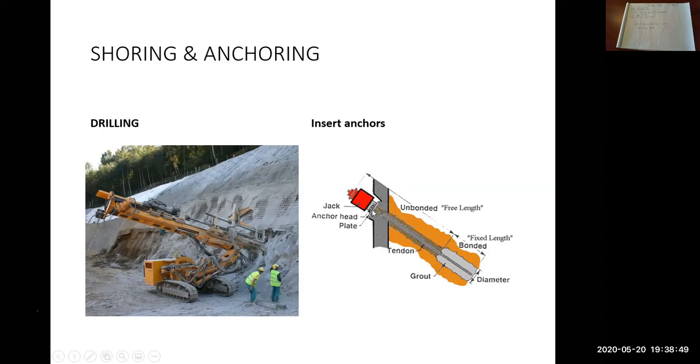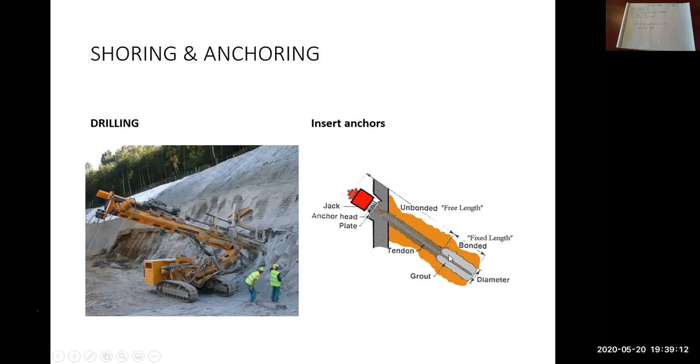That sprayed concrete then has a certain amount of time to cure and to harden. After that has hardened, then this assembly here, this red assembly, with a plate, an anchor head, and a jack, applies tension to the anchor.